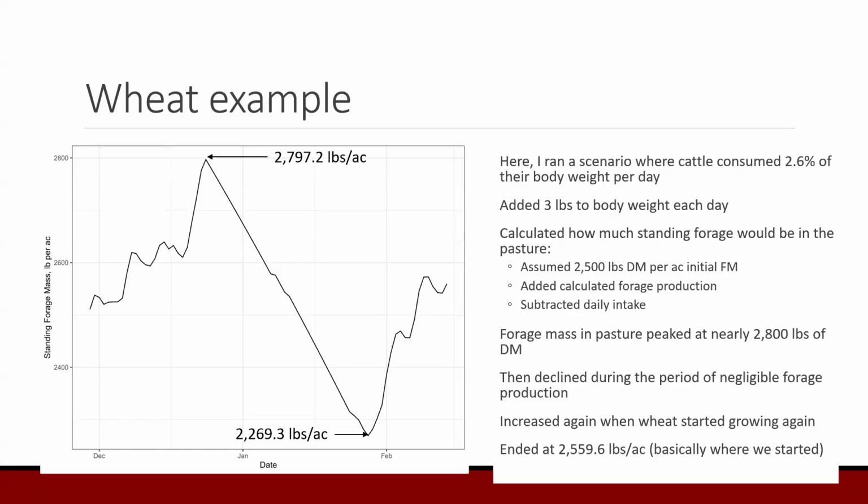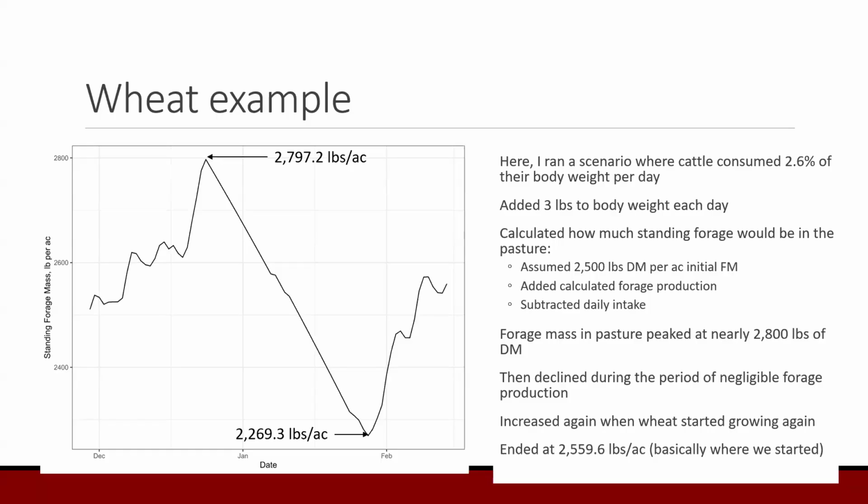However, when there's no growth rate, those animals are going to start depleting forage mass, because consumed forage is going to be greater than forage accumulated, grown forage. So by late January, we are down to 2,300 pounds of forage per acre.